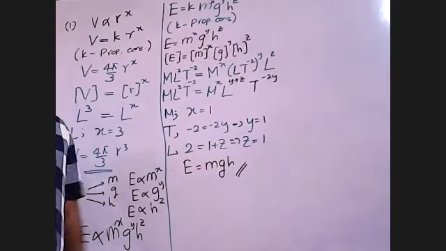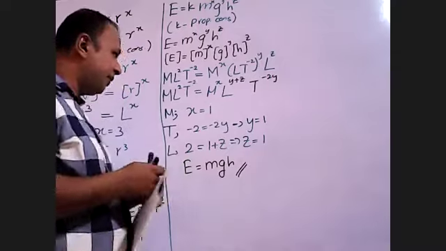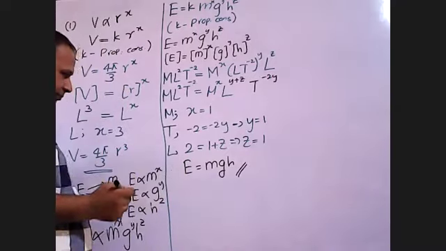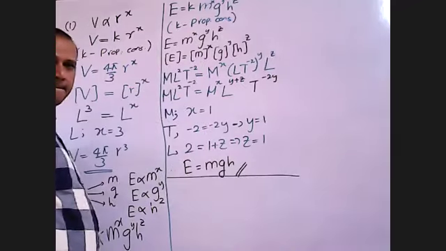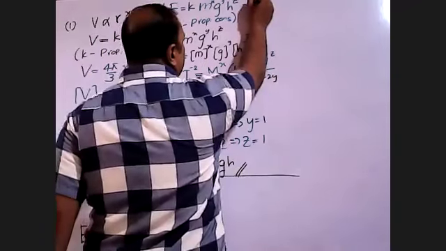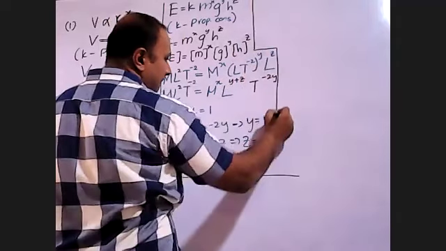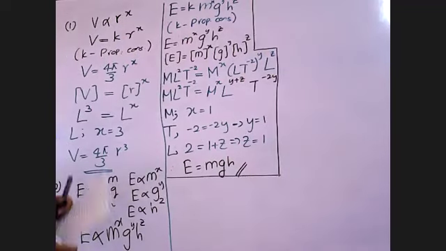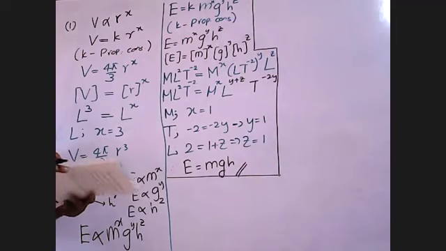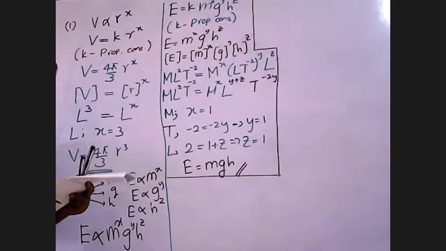Take another, the third one. The kinetic energy of an object depends on mass and velocity v.